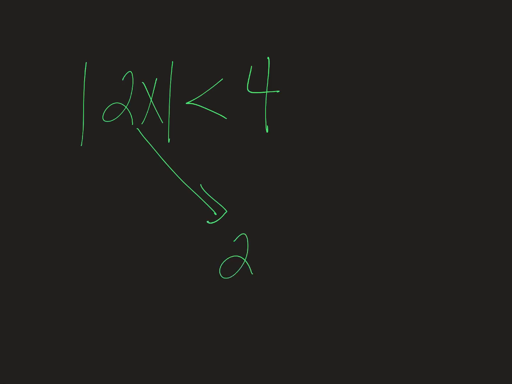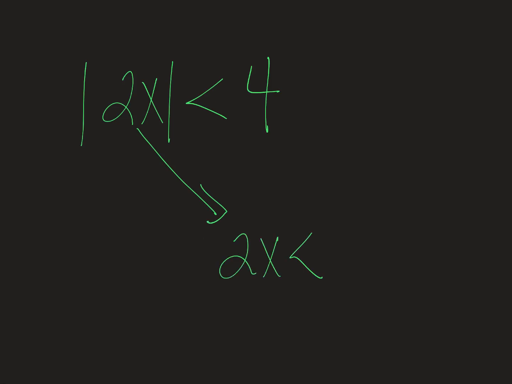Let's practice a few of these, okay? Let's say that you have the absolute value of 2x is less than 4. So, am I going to do a compound inequality or two equations? Compound, why? Because it's less than. That's exactly right. So, I'm going to bring this 2x to the center.